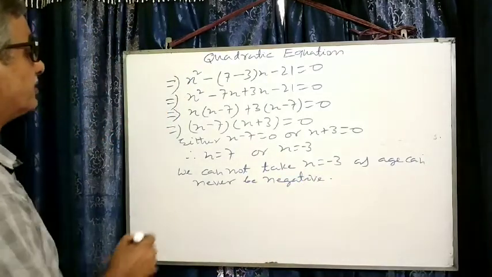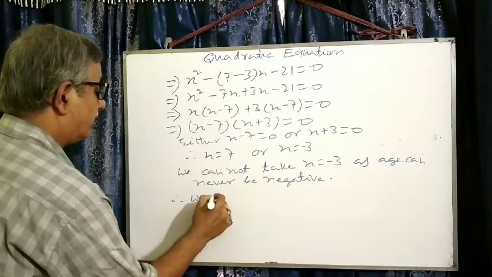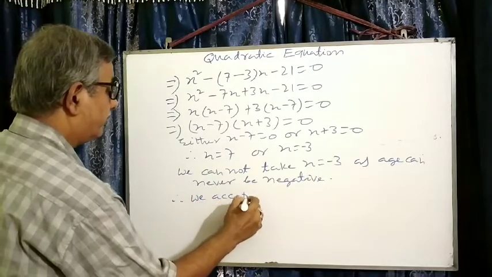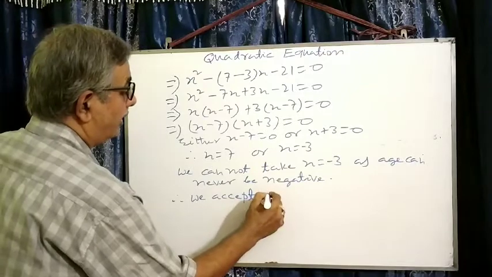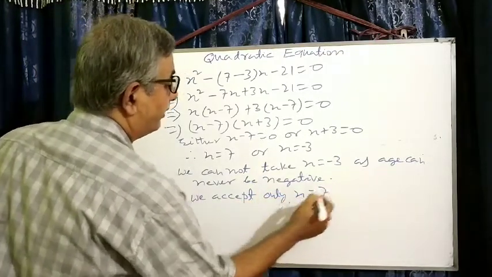Therefore, what happens? Therefore, we accept only x is equal to 7.